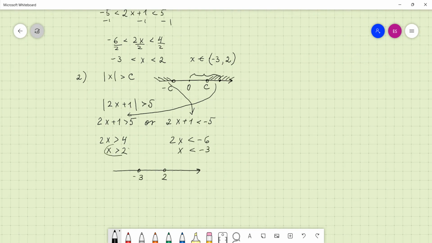So x greater than 2 is going to be over here. X less than -3 is going to be over here. Less is to the left, right? And my final answer is going to be x belongs to intervals: this interval from -infinity to -3, unified with the interval from 2 to positive infinity, my second interval. And that's how we solve absolute value inequalities.